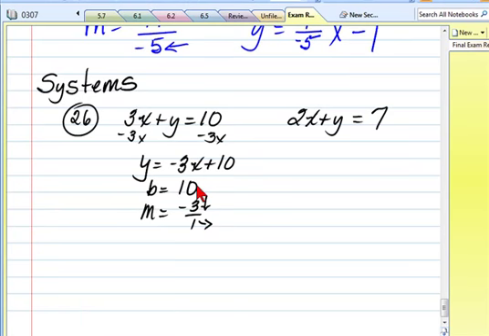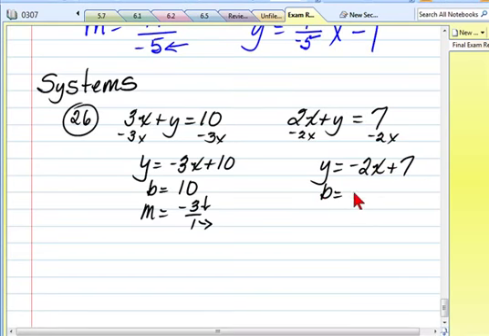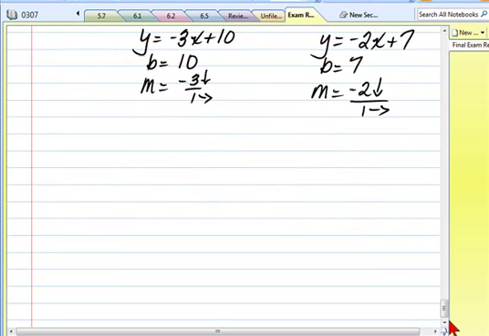I was thinking it was negative 10 and I'd be moving right on off the grid. And you can adjust if you have that. All right, second equation, I'm going to subtract 2x. And I get y is equal to negative 2x plus 7. So where do I begin? 7. And I move down 2 and to the right 1.